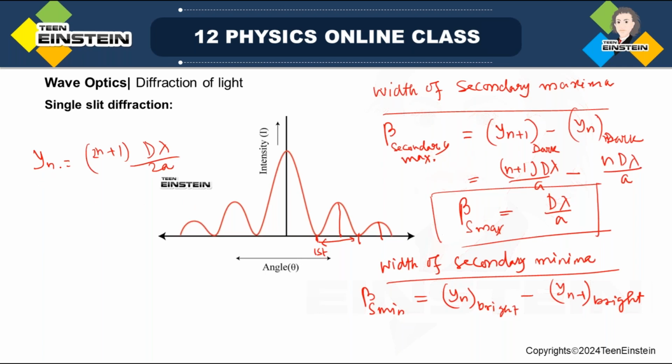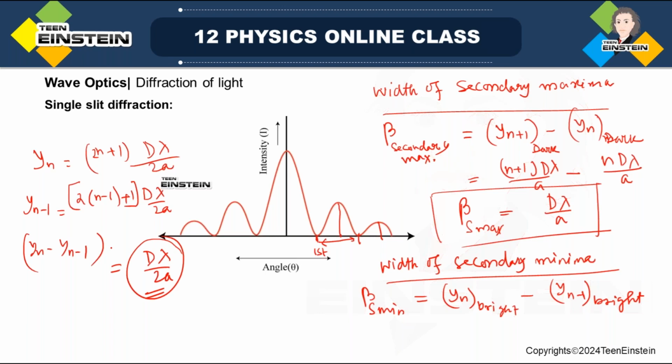Now yn minus 1 will be 2n minus 1 plus 1, this whole into d lambda by 2a. So now take the difference of this, say 2n minus 2, that means minus 1 will come here. So yn minus yn minus 1 will give you, 2n will cancel each other. There will be minus 1 here, so this will be making it plus d lambda by 2a again. So it is actually d lambda by 2a.